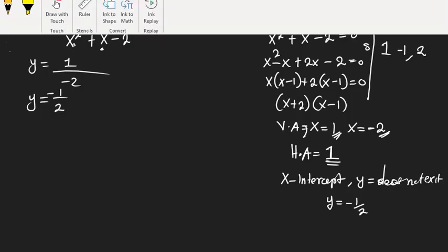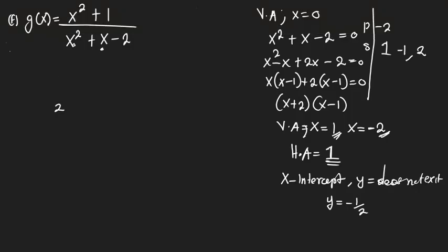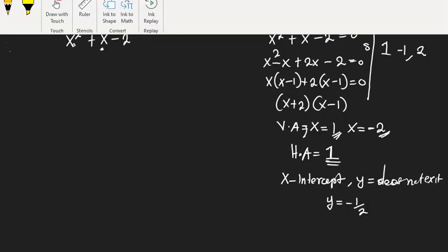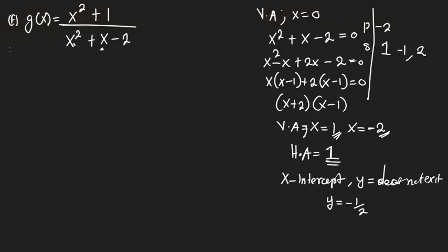First of all, let's find the coordinates. Get your vertical asymptotes. The first vertical asymptote is x is equal to 1. The second one is when x is equal to negative 2.